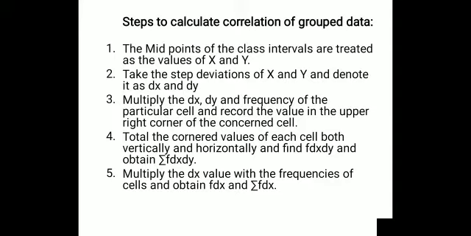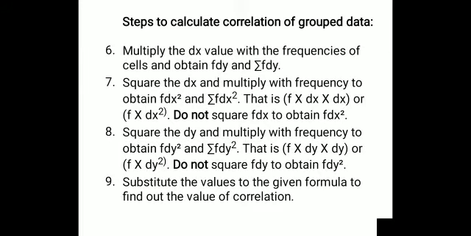Multiply dx value with the frequencies of cells and obtain f dx and sigma f dx. That is, multiplying f into dx will give us f dx, and the sum of f dx will be sigma f dx. In the same way, we have to obtain f dy, and in the next column we should square the dx values, and here we should remember that we will be squaring only the dx values and not the frequencies.